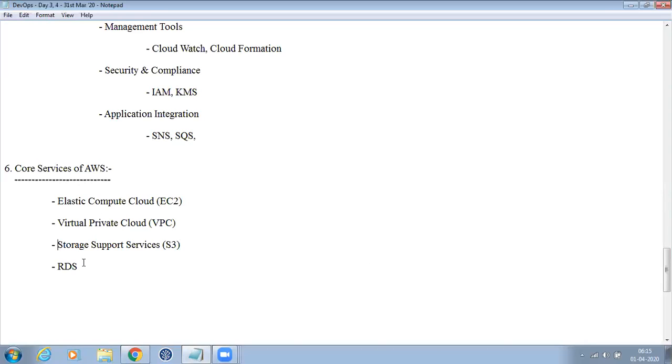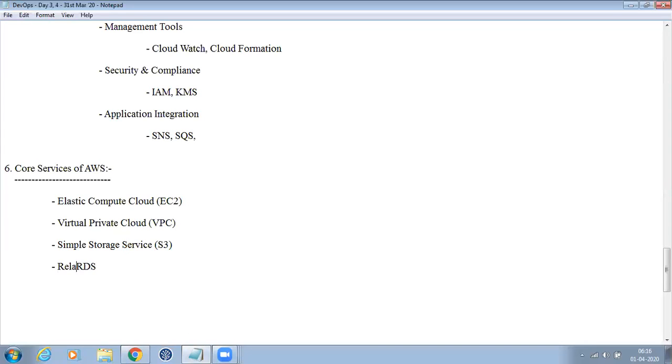Sorry, it is Simple Storage Service. Okay, Simple Storage Service. You understood, right? Why did they give S3? There are three S's in this.